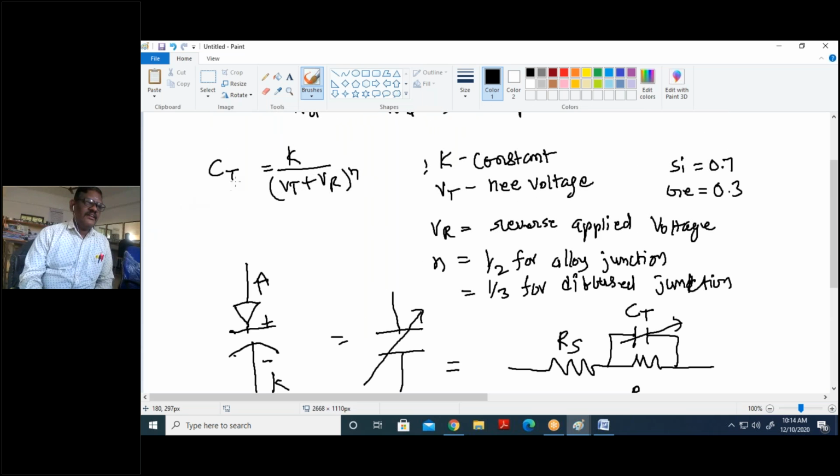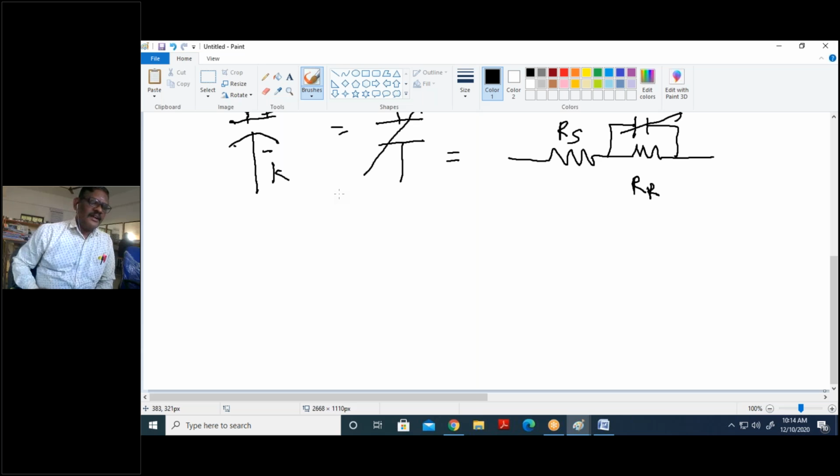See here, CT is inversely proportional to VT plus VR, and this indicates that the variation of capacitance is maximum when the reverse voltage is equal to 0.